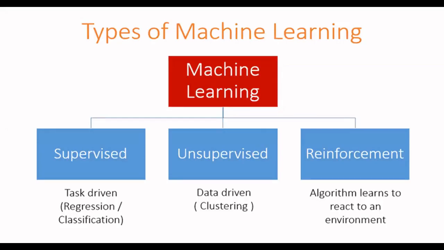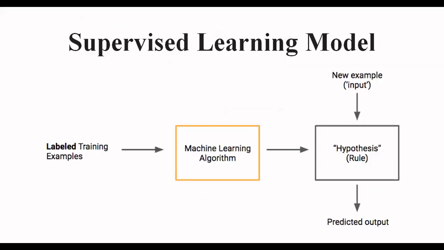So let us take a closer look at these three kinds of learning. In a supervised learning model, we label the training examples, meaning we give a question as well as the answer. Let's take an example: I have a lot of photographs of cats and dogs, and I want to separate them.